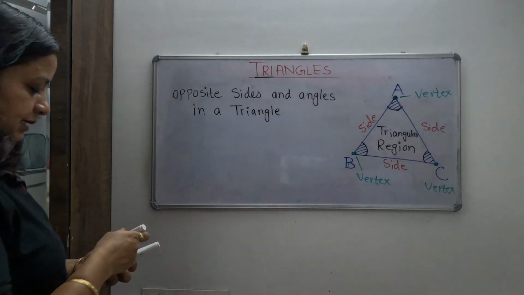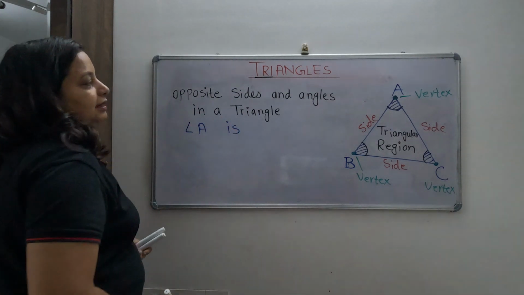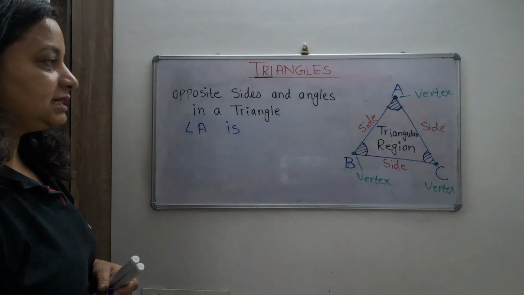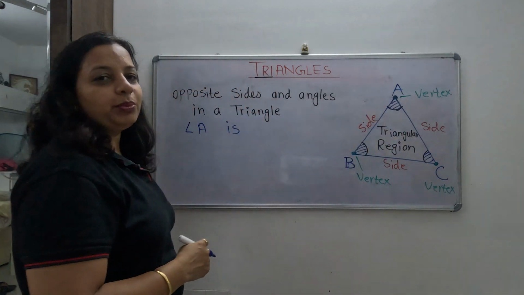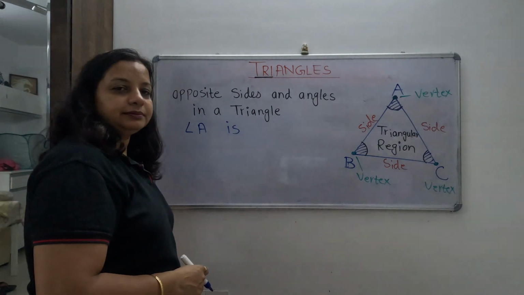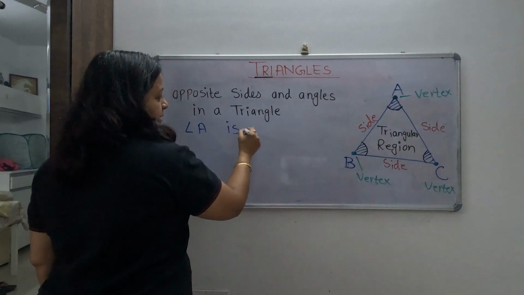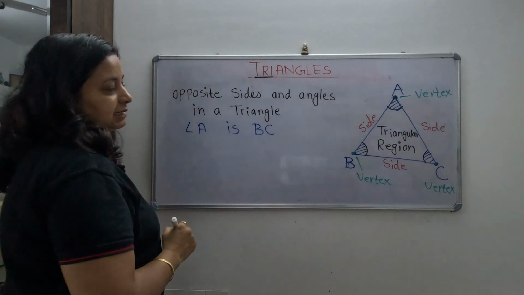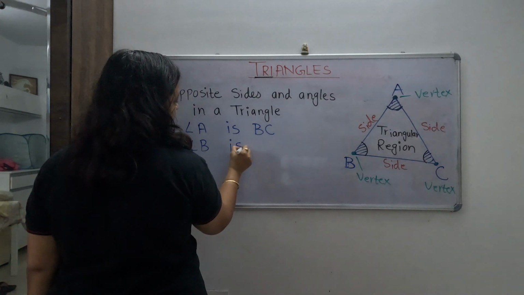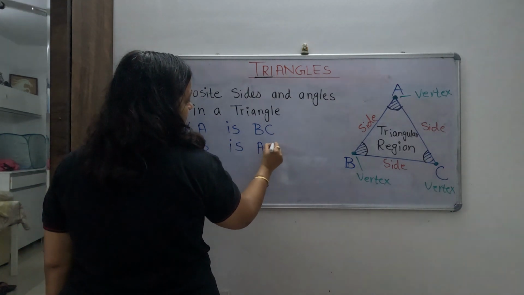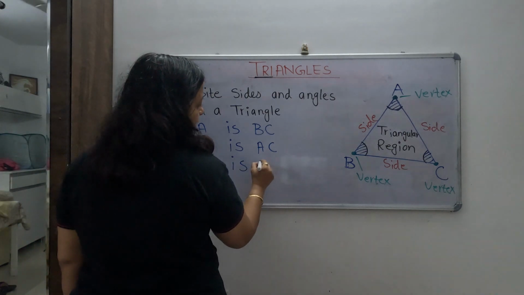So my question is, angle A is opposite to which side? Angle A is opposite to side BC. Same, angle B is opposite to AC side, right? And angle C is opposite to AB side.